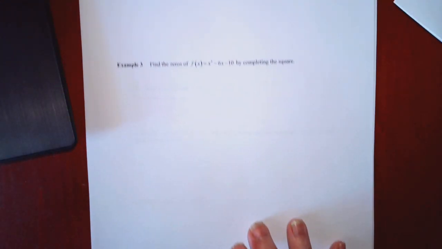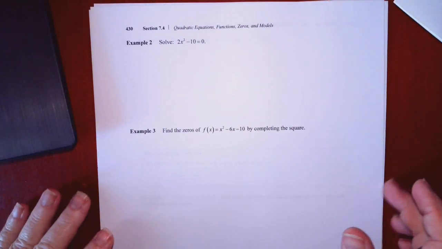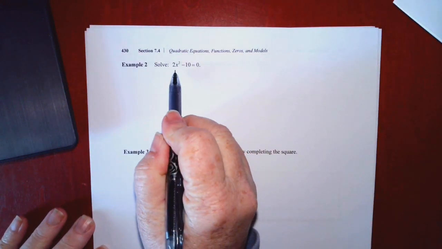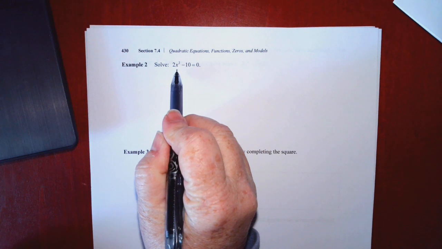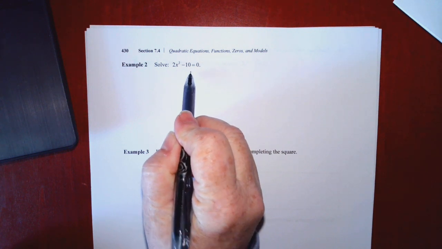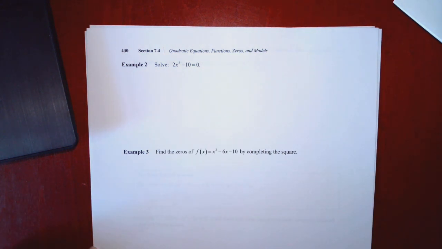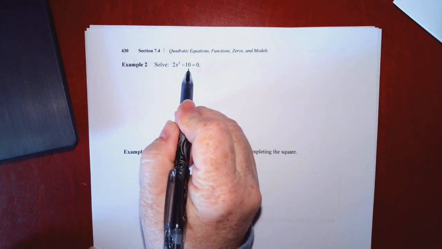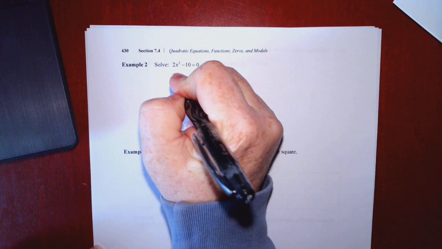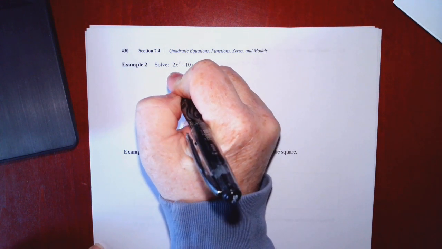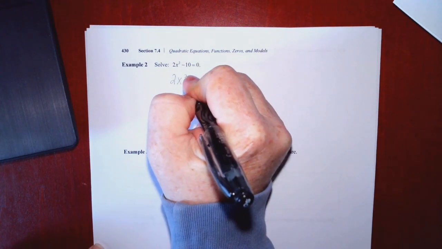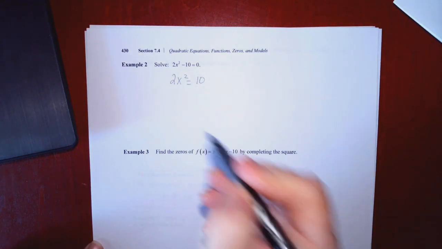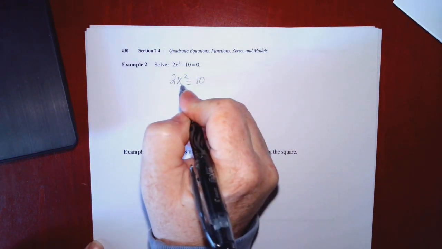We also sometimes use what we call the principle of square roots. That's particularly useful when you just have a quadratic term and a constant term. When we have something with an ax squared and then a constant equals 0, to use the principle of square roots, we move the constant to the other side and isolate the squared term.